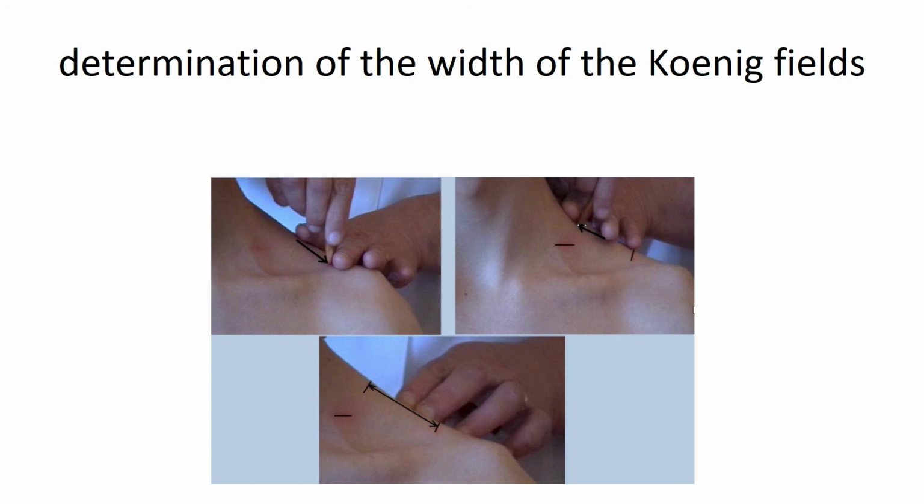Again, on the picture you can find what we call Kroenig fields. Kroenig was one of the German scientists who described these fields of the upper part of the lungs and how you need to percuss them. You can find this on the picture.